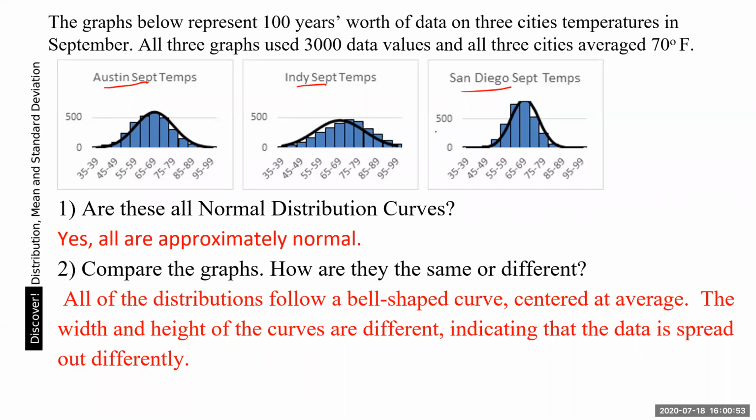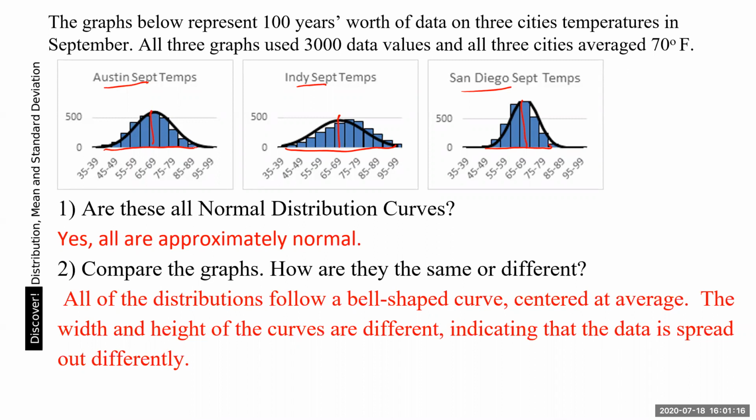The width and height of the curves are different. Could you see that? How they are spread out differs from each other, indicating that the data is spread out differently. Could you observe that?